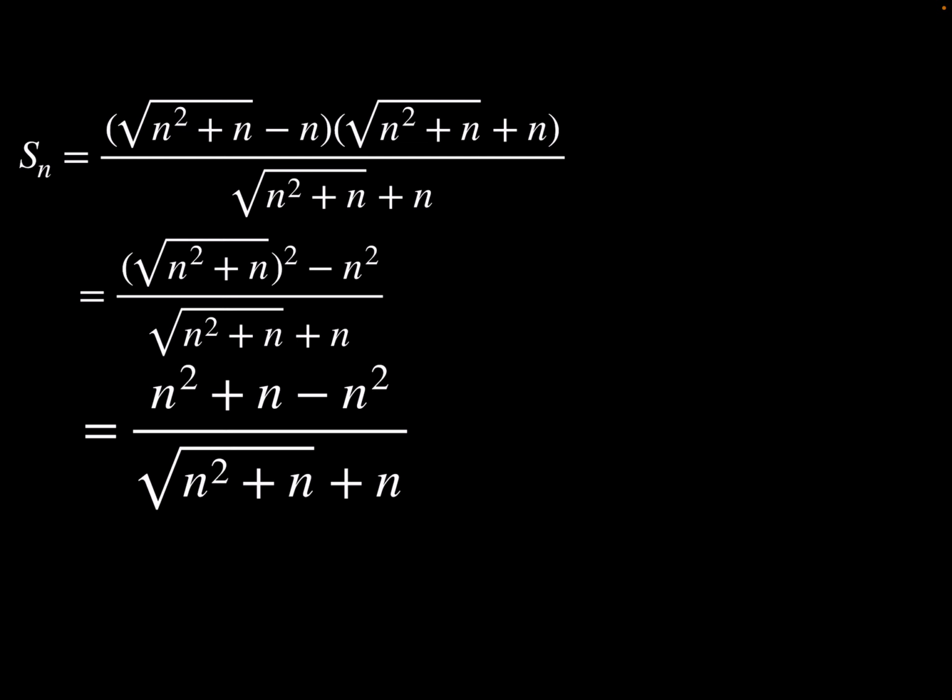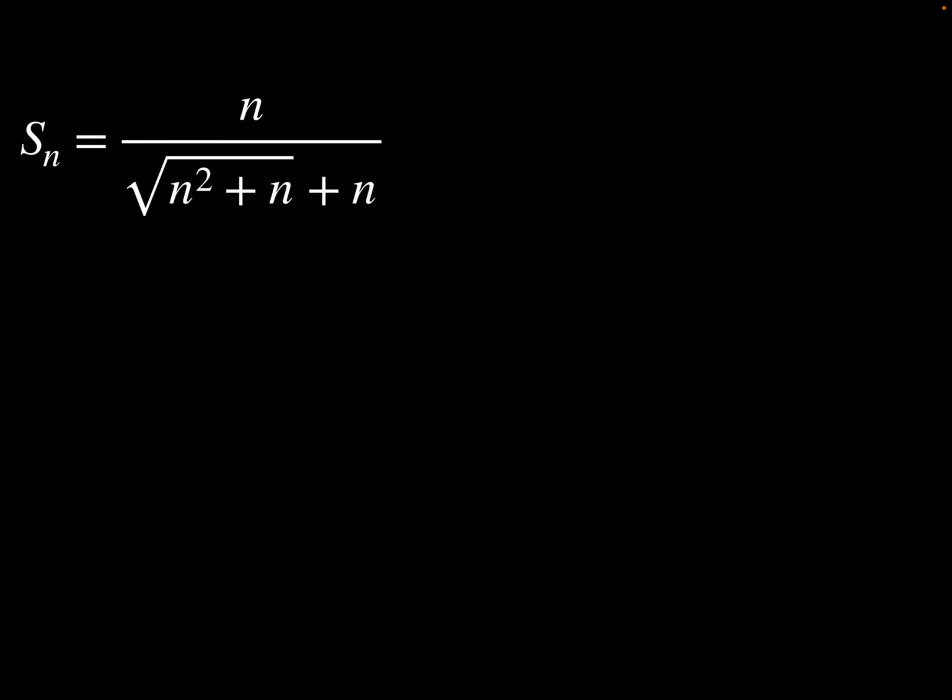Then the n squared in the numerator can cancel out, because they have opposite signs. So s sub n equals n over square root of n squared plus n plus n.